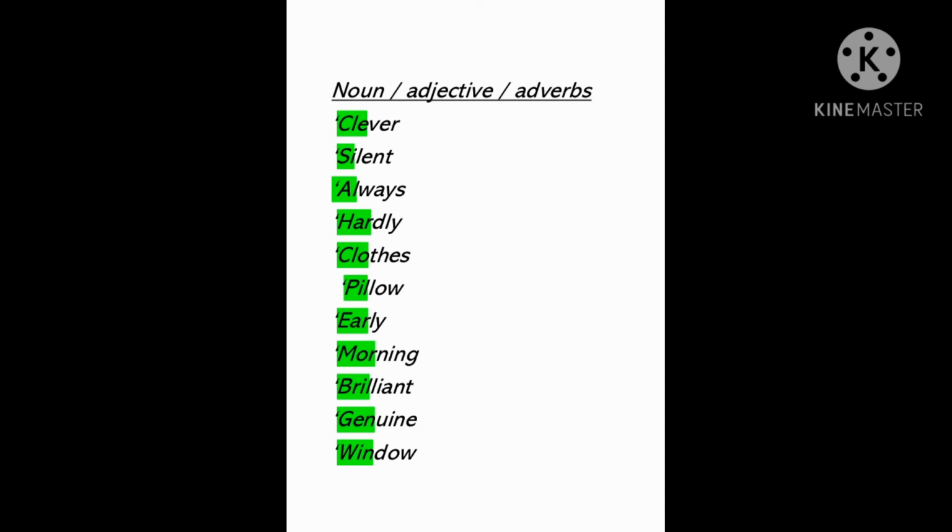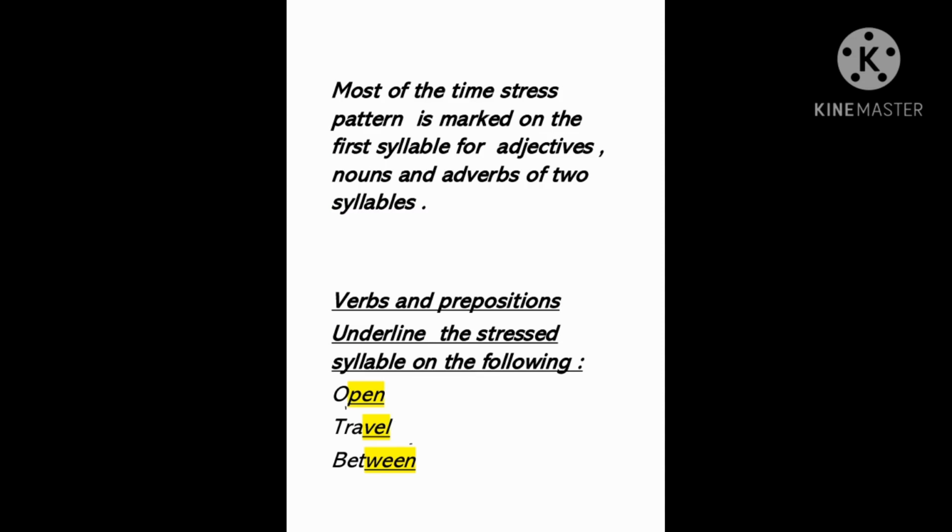Now we move to another situation, which is verbs and prepositions. For verbs and prepositions, we are going to see where we mark stress. Most of the time, stress is marked on the first syllable for adjectives, nouns, and adverbs of two syllables.